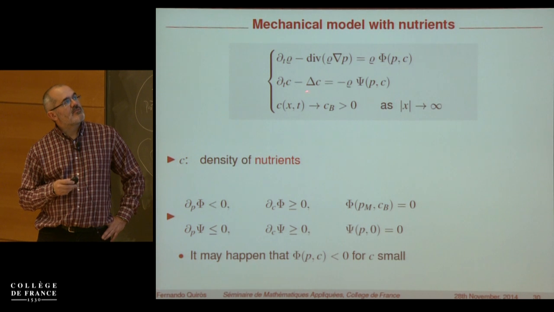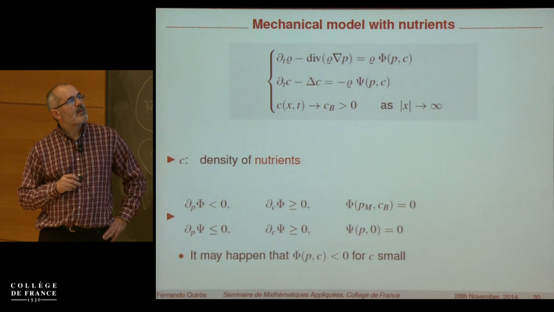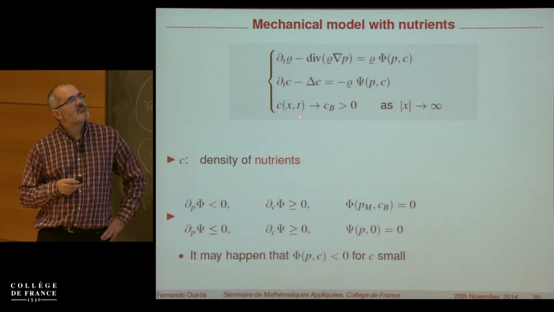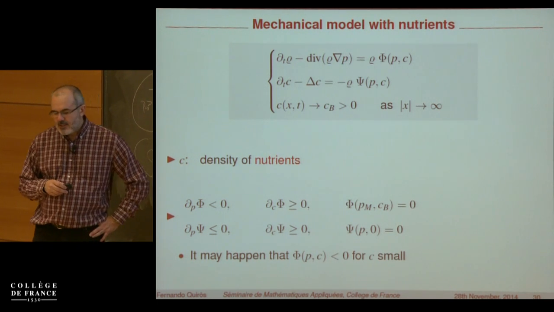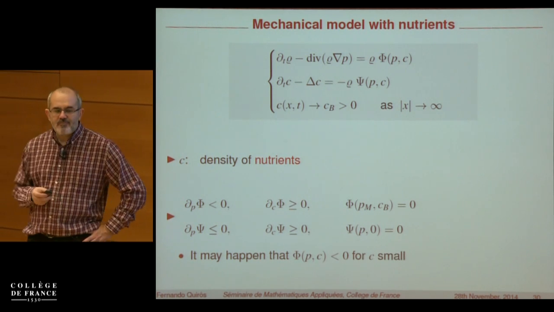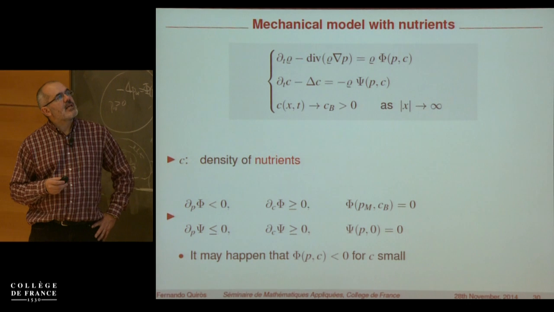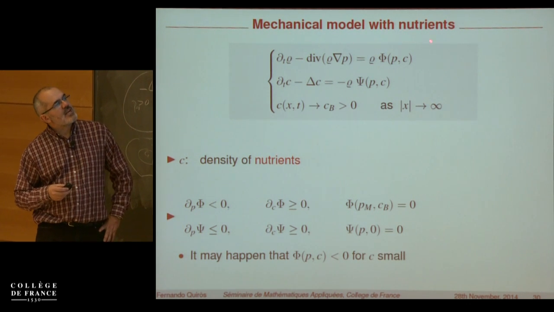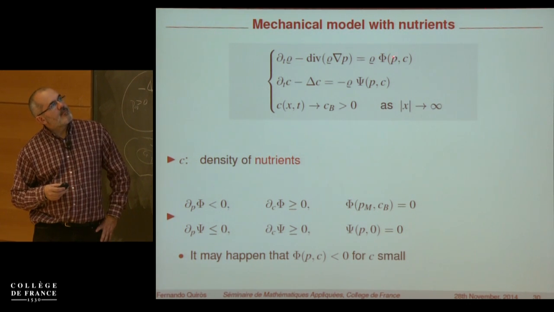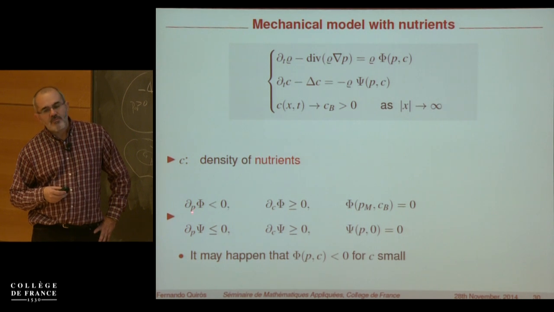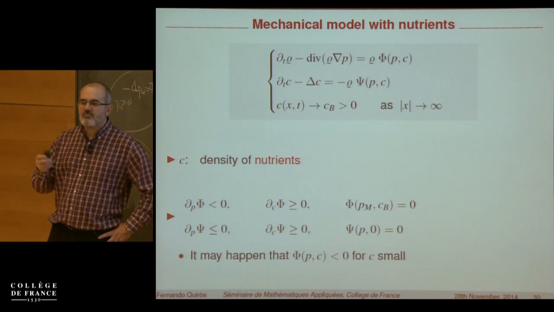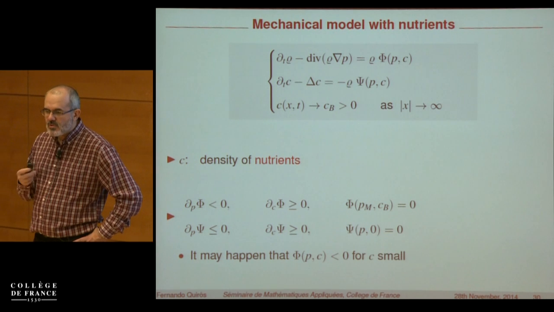And these nutrients diffuse according to the heat equation, okay? In this case, we are assuming that nutrients are supplied at infinity. As for the constitutive functions, the phi should decrease with the pressure. If you have more pressure, cells do not reproduce so much.